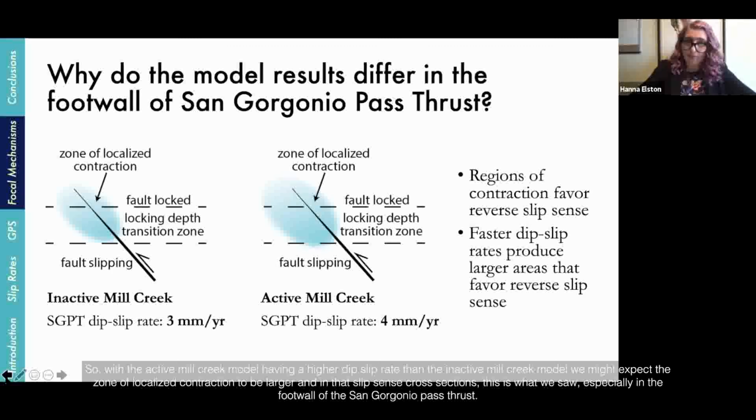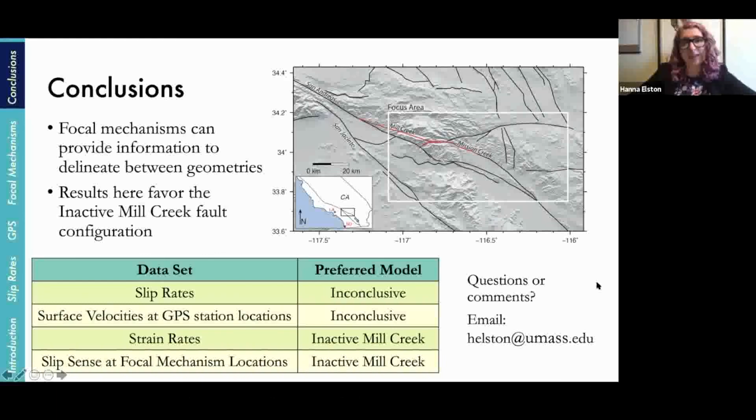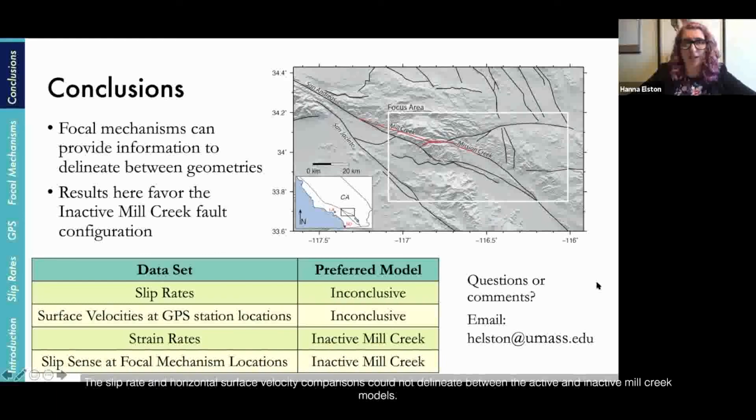To wrap things up, today we've shown forward numerical model results compared to geologic, geodetic, and seismic data. The slip rate and horizontal surface velocity comparisons could not delineate between the active and inactive Mill Creek models.